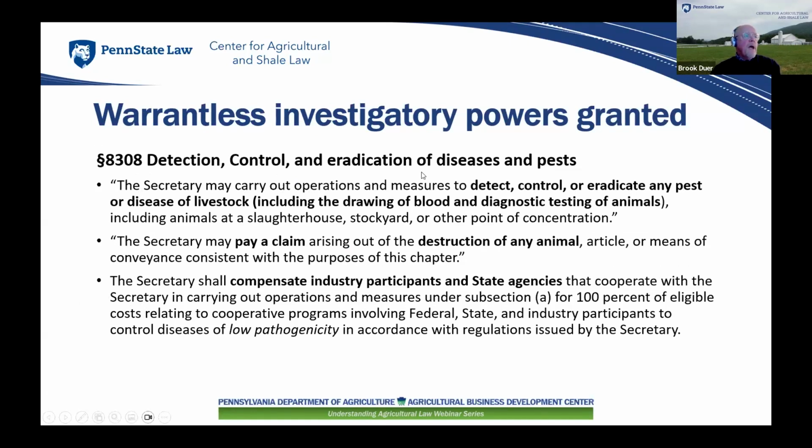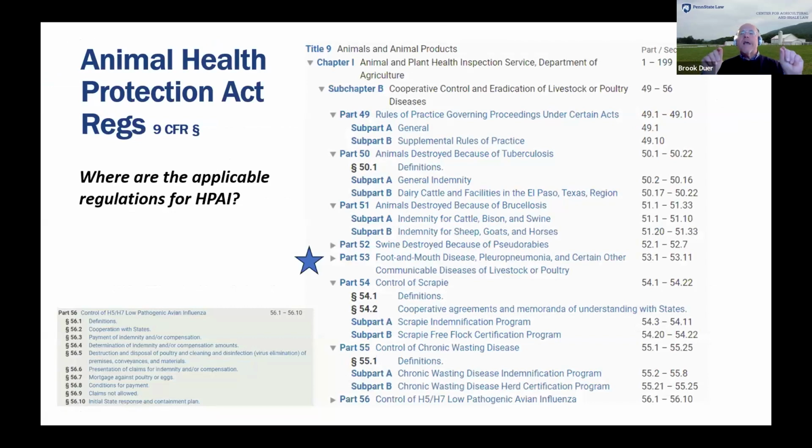And again, there's some mention of compensation, and I'll just perhaps tell you that there are 2 terms. Compensation means you're getting paid not for your animals or your eggs, for example. You're getting paid for work you put in to try to control the disease. You disinfected the house.